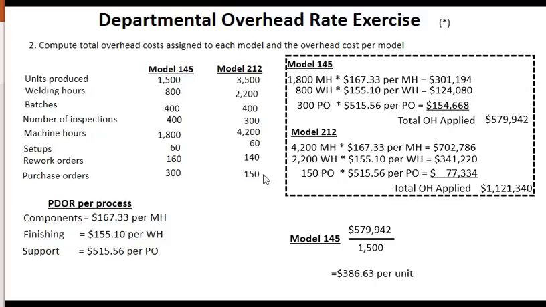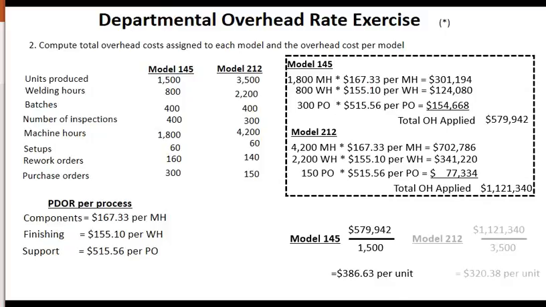So now I have all the overhead allocated back to each of my product lines. Now I'm going to calculate the overhead per unit based upon the number of units produced. In model 145, the total amount of overhead was $579,942. I divide that by the number of model 145 units produced, which are 1,500 units. So the cost per unit in terms of overhead is $386.63.